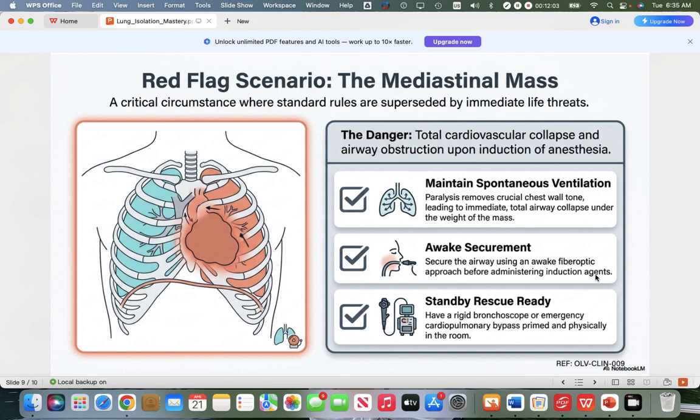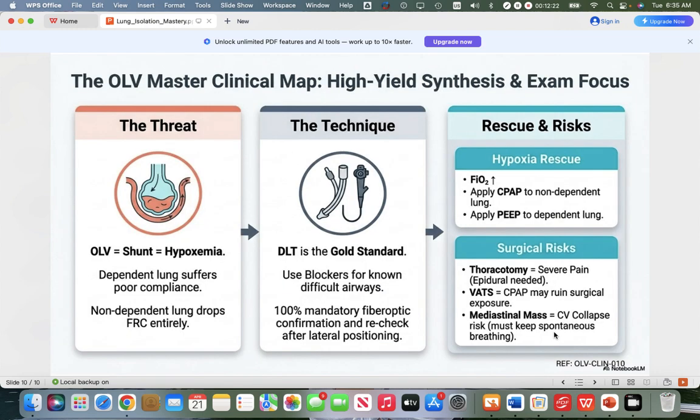So at the beginning we will do awake fiber optic intubation and then we will give the induction of anesthesia. Standby rescue: a rigid bronchoscope must be ready for any abnormality, and cardiopulmonary bypass may sometimes be needed. So, one lung ventilation master clinical map, high yield synthesis and exam focus.